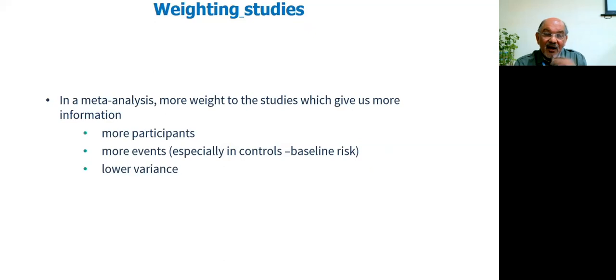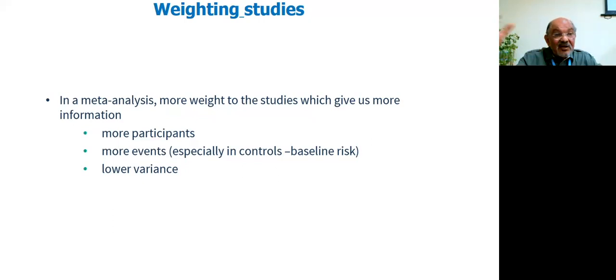Now, how do you weight? The rule is this. If you've got more participants and more events, especially in the control group, that's called the baseline risk. Meaning, if you have people in the control group who had no event, that means they didn't need the intervention. Right? So that study is uninformative. Whereas if the control group had a lot of events, and then the events were reduced in the other group, that is meaningful.